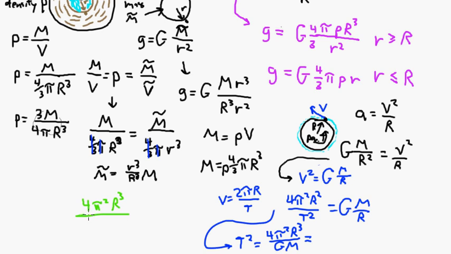So switching to orange, the r cubes cancel, one of the pi's cancels, so we get rid of the squared, the 4 cancels, and so this becomes 3 pi over rho times big G. Okay, well, interesting enough. So the answer here is 3 pi over big G times rho. So I hope it is. Let's see. Well, whatever. Close enough.